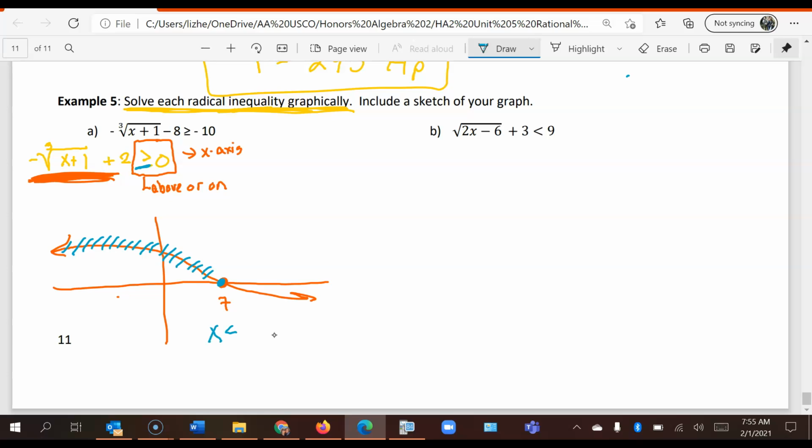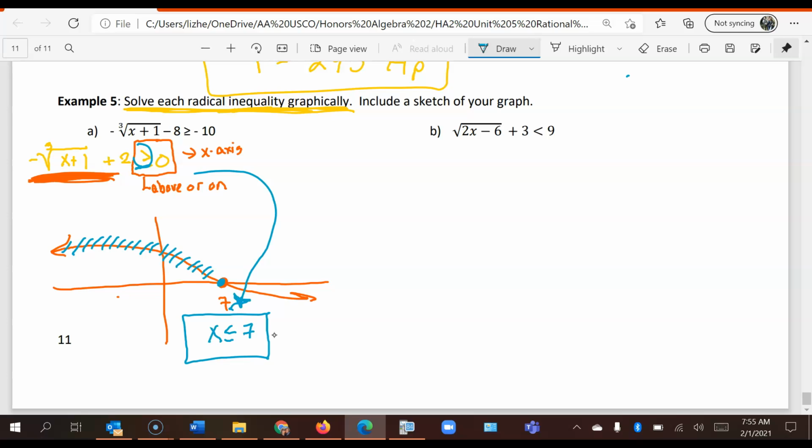Therefore, x has to be less than or equal to 7. There's my answer. Notice that this sign here is not the same as this sign here. The sign changes. This sign tells me what I'm shading on the graph. And once my graph is shaded correctly, then I analyze the graph and ask, for what values of x is that true? And this would be x is less than or equal to 7.